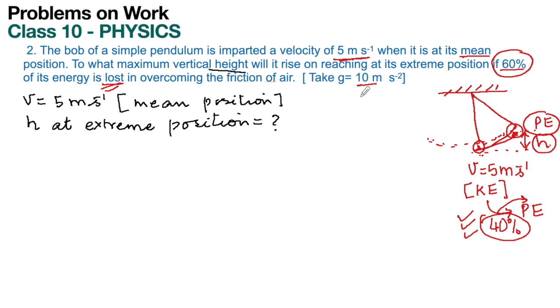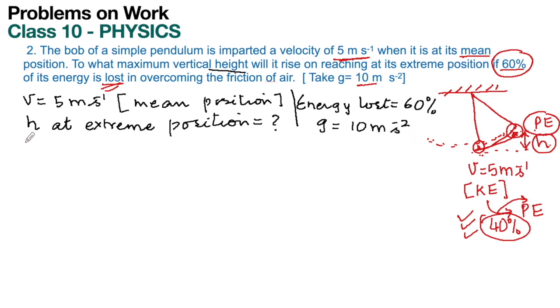What else we know? We also know that 60% energy is lost. So energy lost is going to be 60%. And g is given as 10 meter per second square.